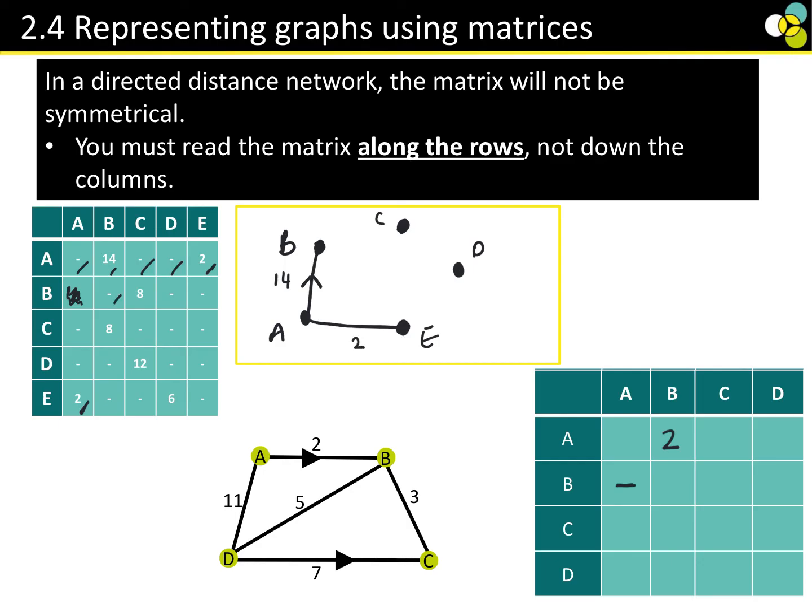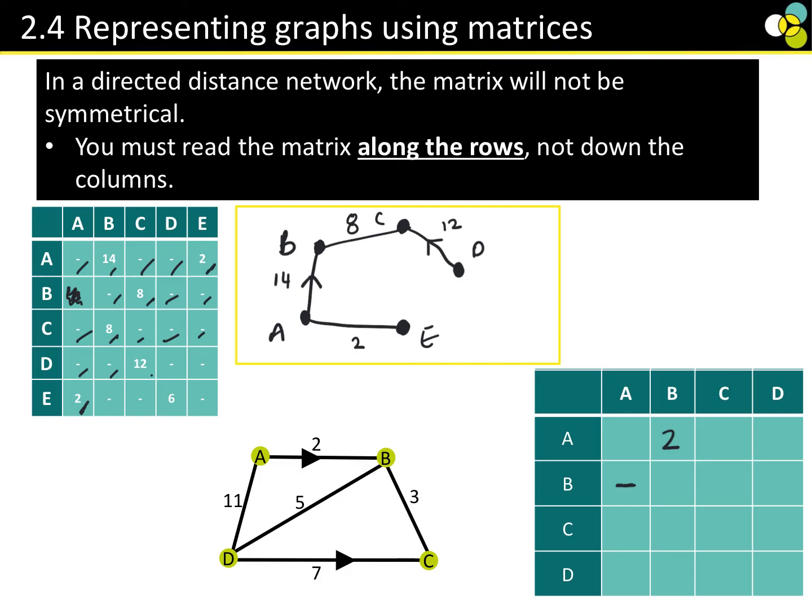B to B, nothing. B to C, 8, and C to B is 8. Okay, so that's 8. And there's no direction. And then there's nothing, nothing, nothing, nothing. C to D, no, there is no C to D. D to C is 12.